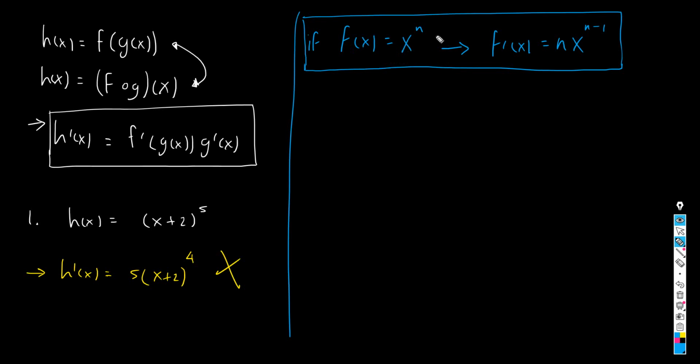What is the difference between this formula and this? Well, the difference is that this formula never told you the following. If you have a function f of x equals x plus a constant c to the n, then the derivative f prime of x is going to be n times x plus c to the n minus 1.